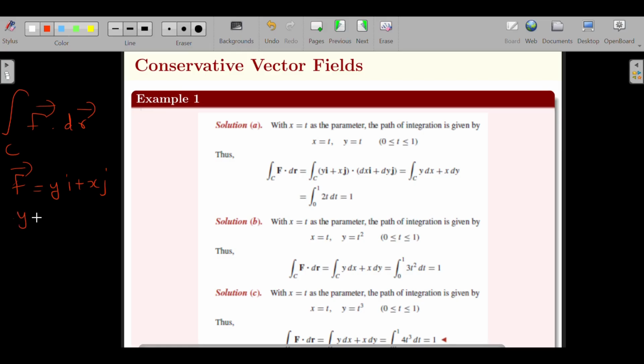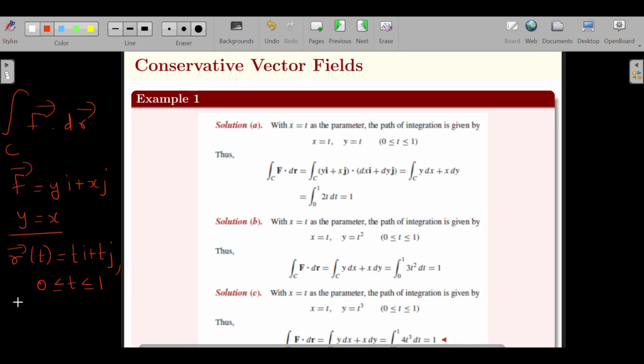If y is equal to x, then r of t will be, we can take x of t and y of t as t. So r of t will be ti plus tj. We have to move from (0,0) to (1,1), so t varies from 0 to 1, that is, 0 ≤ t ≤ 1. This will be the parametric equation of the curve y equal to x.